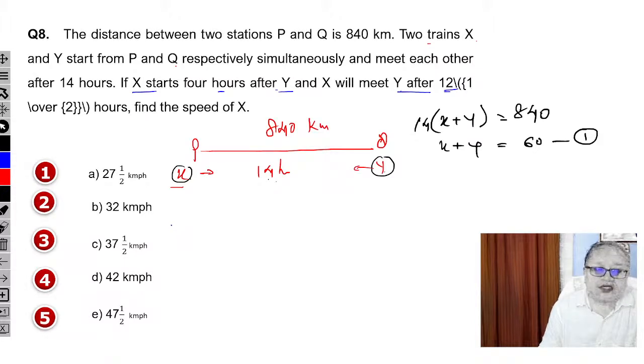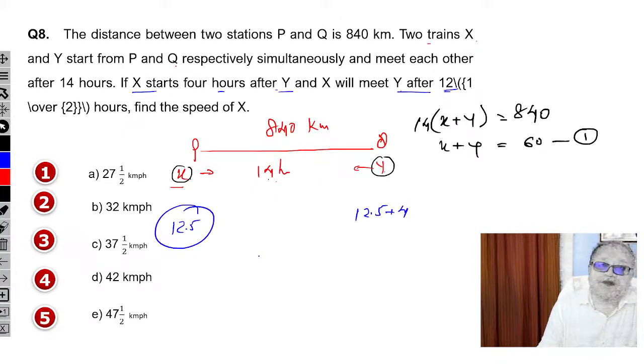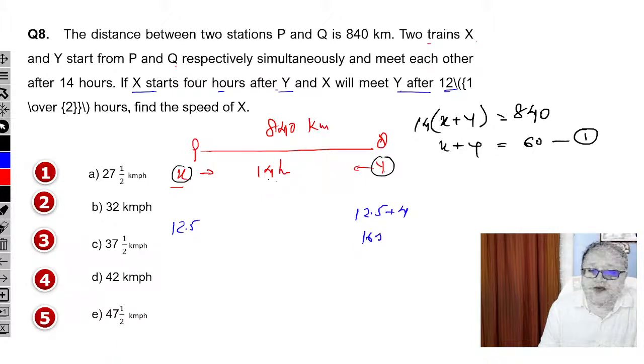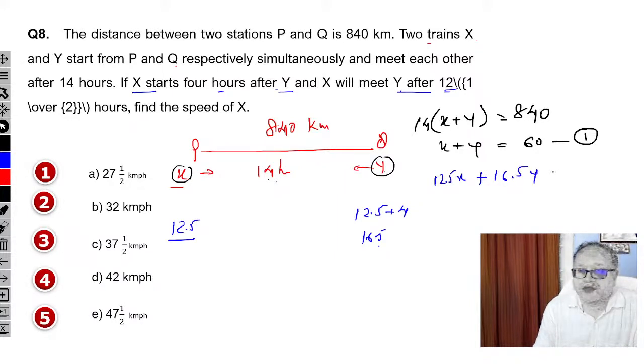So that means if X travels for 12.5 hours, then Y travels 12.5 plus 4 hours, because X started 4 hours after Y. So this time, the time taken by X is 12.5 hours and the time taken by Y is 16.5 hours. So I get another equation stating that 12.5x plus 16.5y is equal to the same 840.